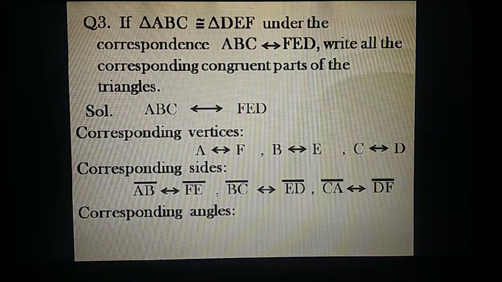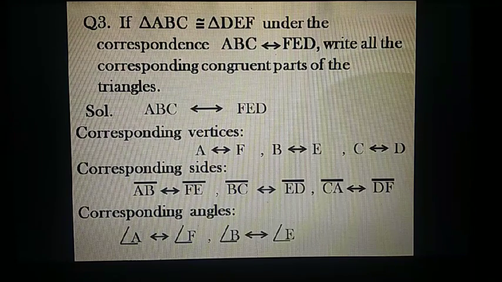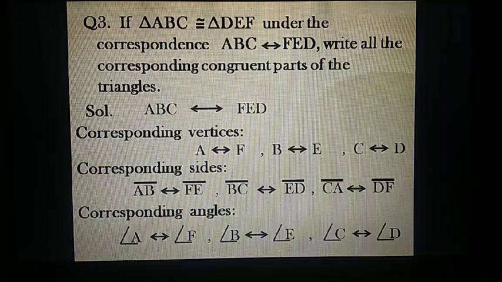It will come the same as vertices. Angle A corresponds to angle F, angle B corresponds to angle E, angle C corresponds to angle D. So here we have listed out all the corresponding congruent parts of the triangles.